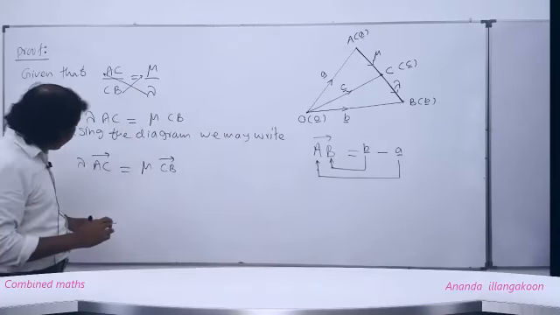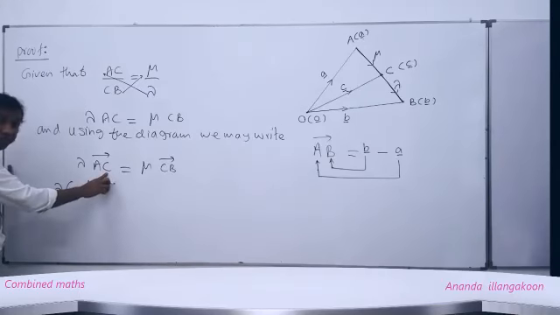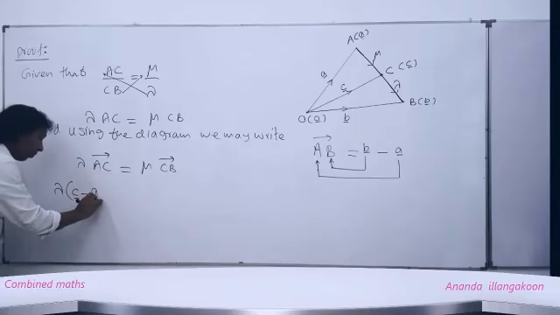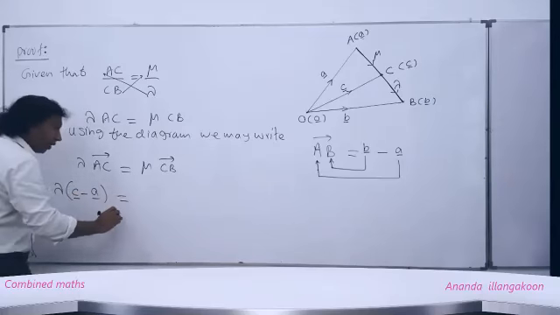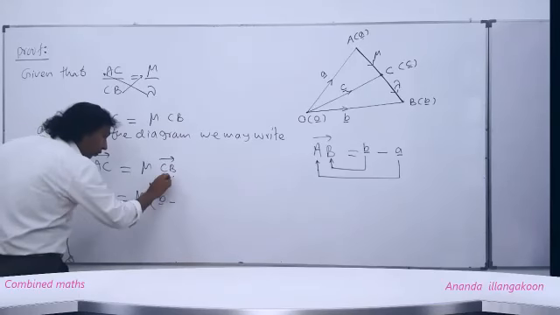Like that, now you can write the left hand side, lambda times AC: second letter is C, its position vector is simply C, first letter is A, its position vector is simply A, put minus A, equals, here, mu times B minus C.